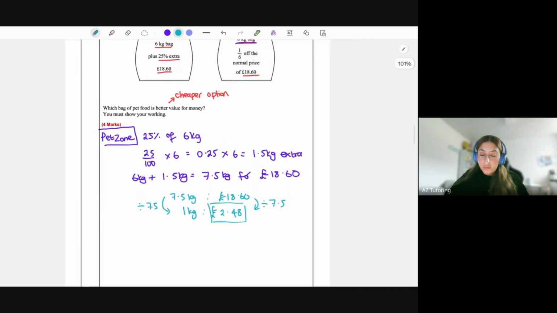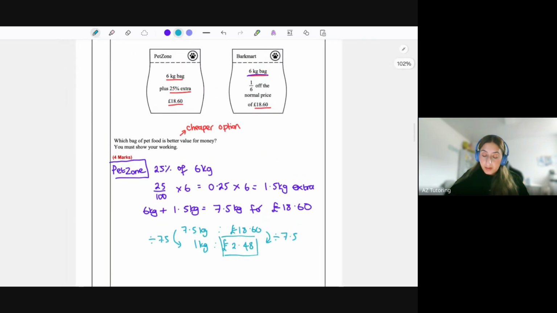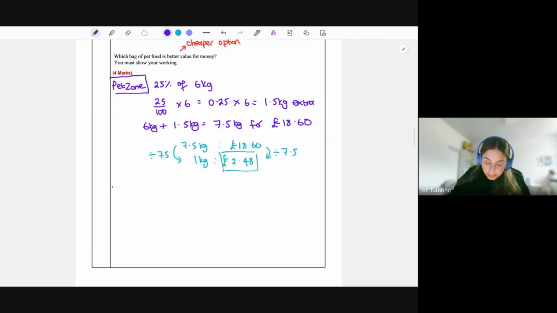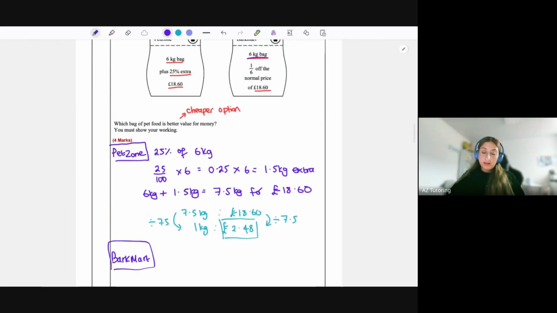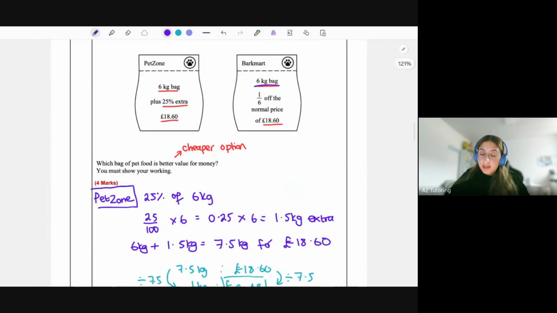Right, we need to do Barkmart now. Barkmart says she's getting a 6 kg bag, but she's also getting a sixth of the normal price off. So we need to work out how much money she's getting off the price.